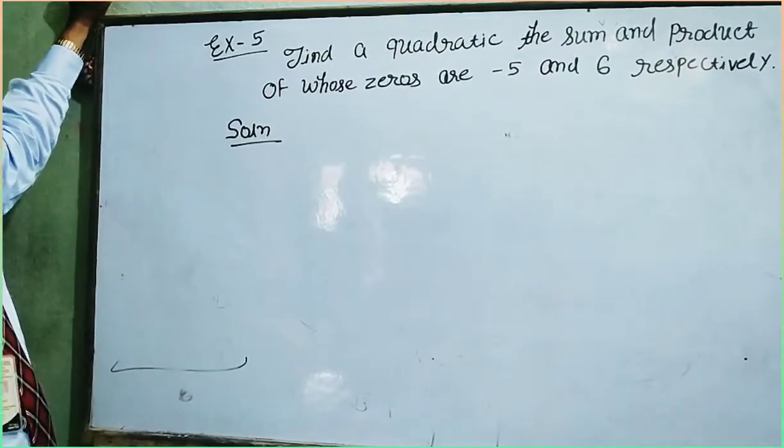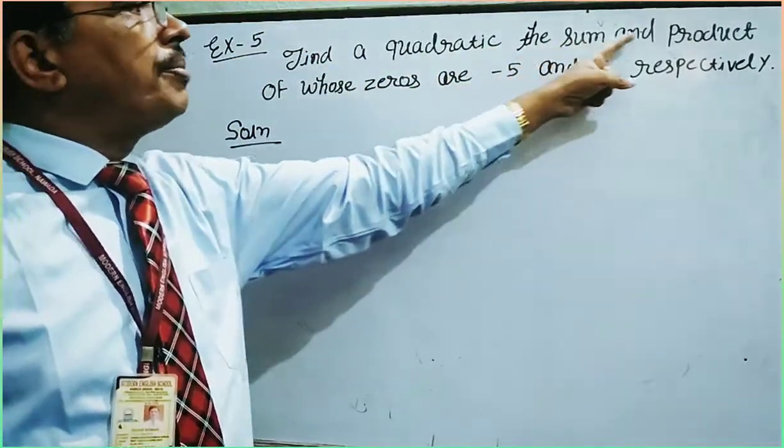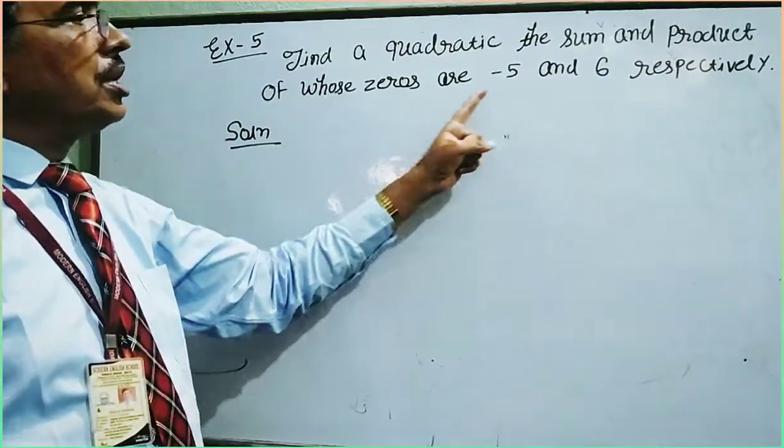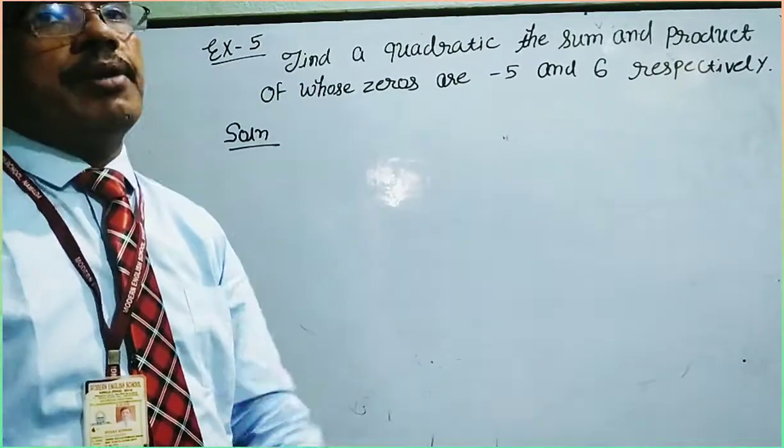Next question: find a quadratic polynomial if the sum and the product of two zeros are minus 5 and 6 respectively.